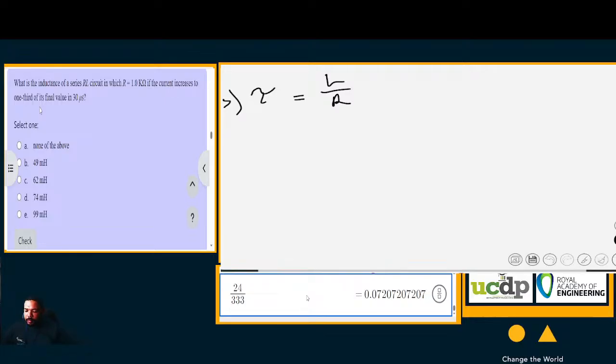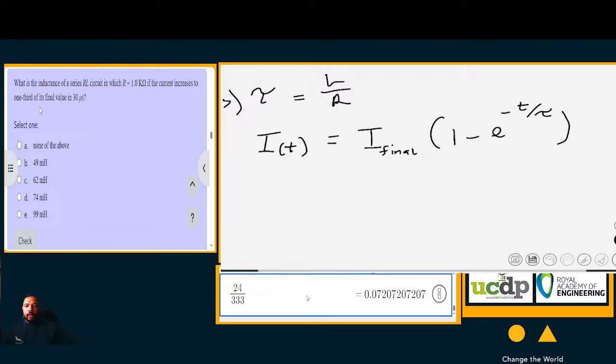Now, we also should know that the current changes with time according to the formula: the current in terms of t, I final, is equal to 1 minus e to the negative t over the time constant.